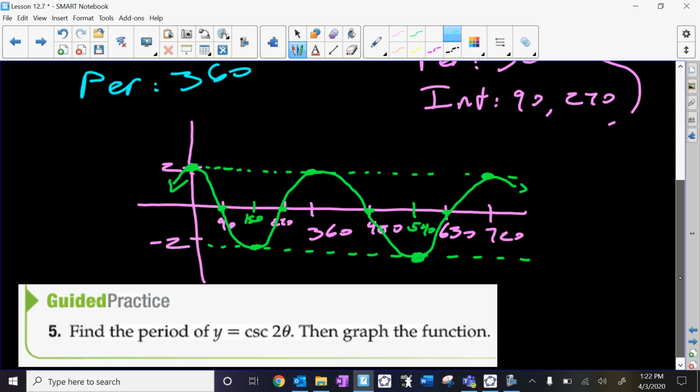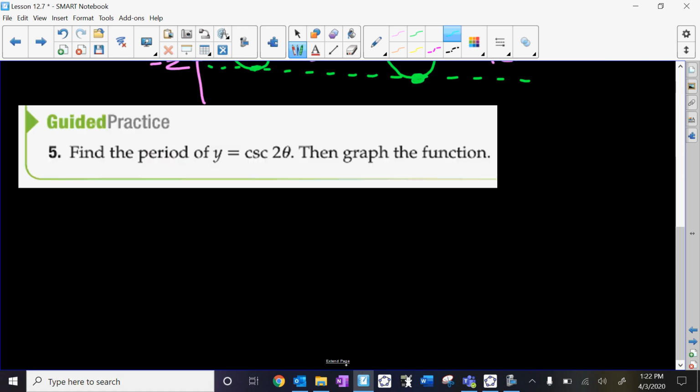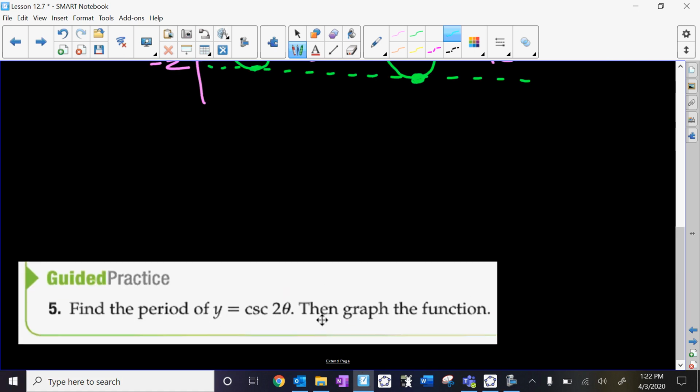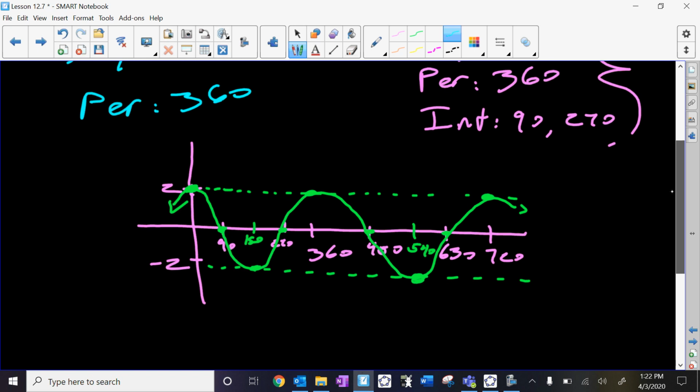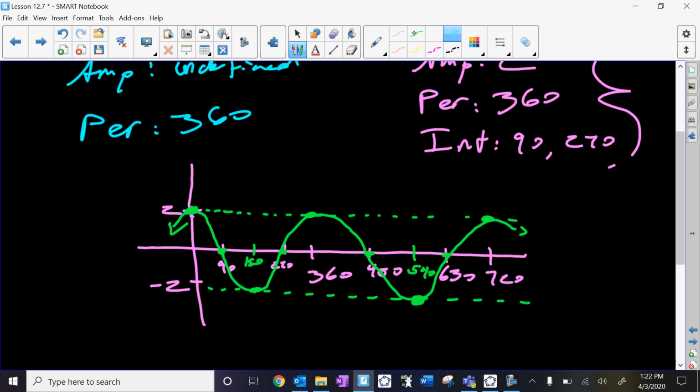The asymptotes are located where it crosses the x-axis. So right at 90 degrees and 270, I'm going to draw in my asymptotes. There are my asymptotes.